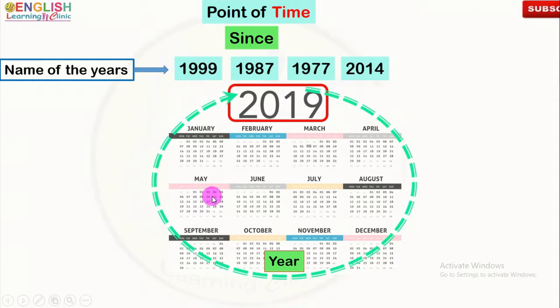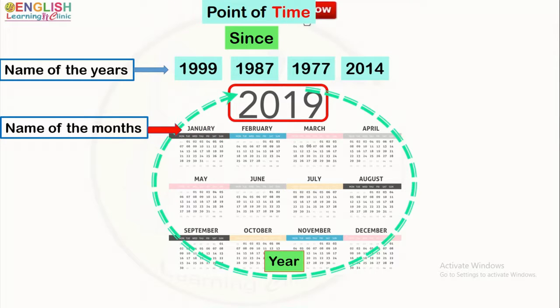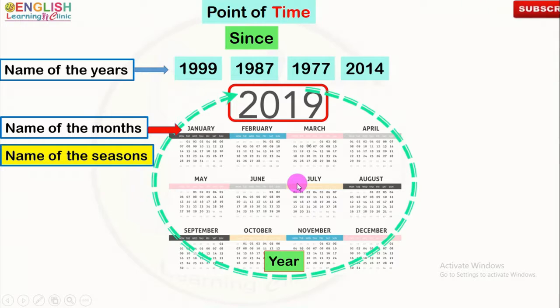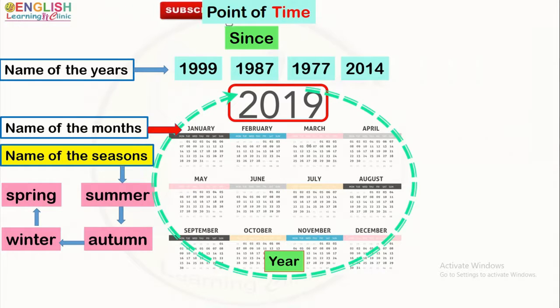In this whole year, there are some points, that is January, February, March is a point, April is a point. So, names of the months indicate the point of time. Other points throughout these years are the names of the seasons, that is summer, autumn, winter, spring. For example, I have been serving in this office since summer.